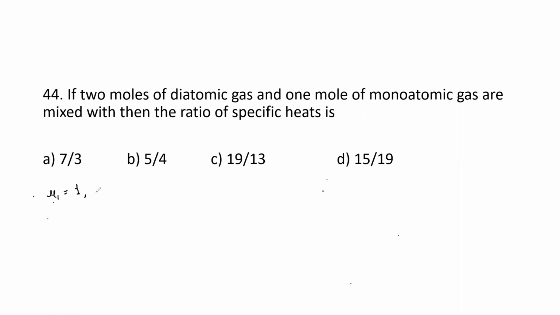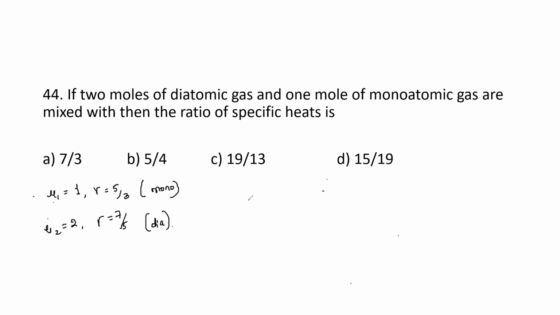When mu1 is equal to 1, the gamma value is 5 by 3 for monoatomic. Then mu2 is equal to 2 for diatomic, and the gamma value is 7 by 5 for diatomic.